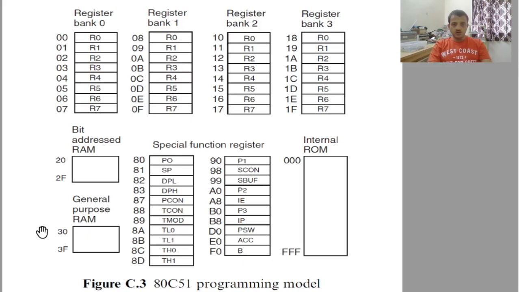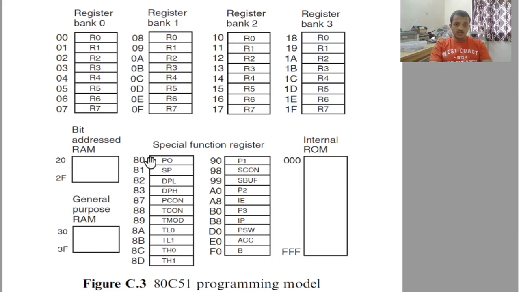And the overall structure, if you see along with the register values, goes from 00 to 07, that is bank 0, 08 to 0F, that is bank 1, then 10 to 17, bank 2, and so on till 1F. Finally comes 20 to 2F, which is internal bit addressable RAM. I'll come back to this further. And finally 30 to 7F, which is general purpose RAM.